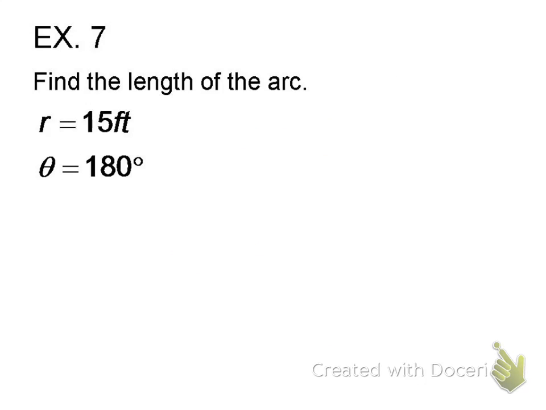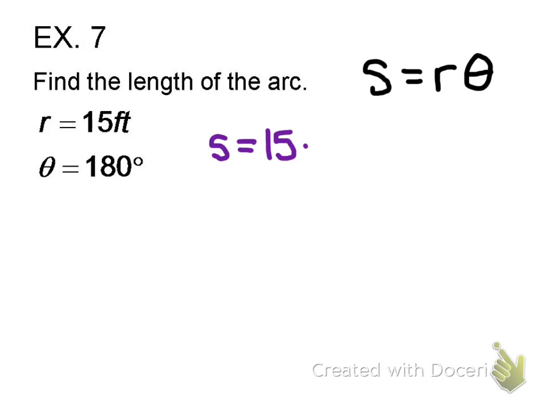Okay, number 7 wants us to find the length of an arc. It gives us that the radius of some circle is 15 feet and the angle that we're looking at is 180 degrees. We're going to use the same formula, S equals R theta. So our arc length is going to equal 15 times our angle measure. Now our angle measure has to be in radians for this to work.